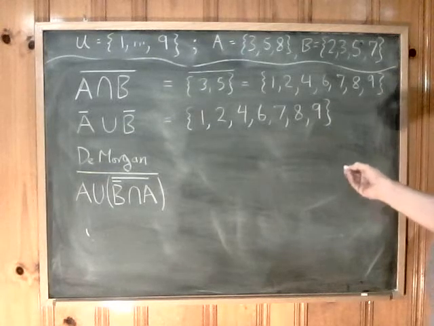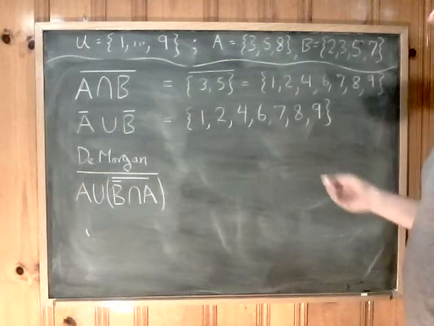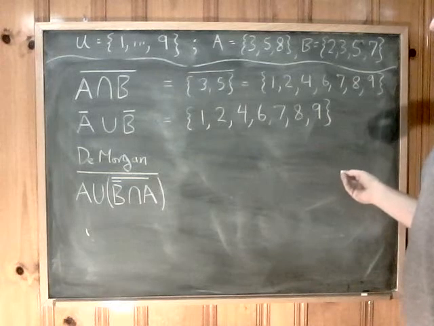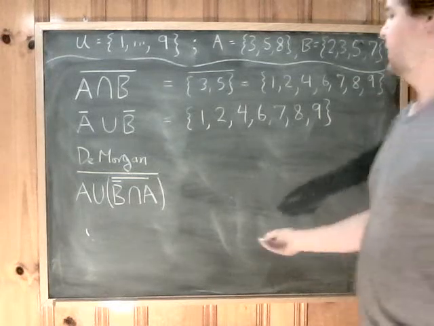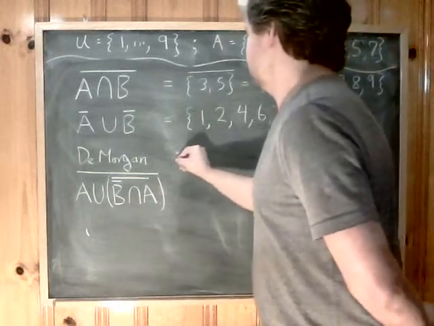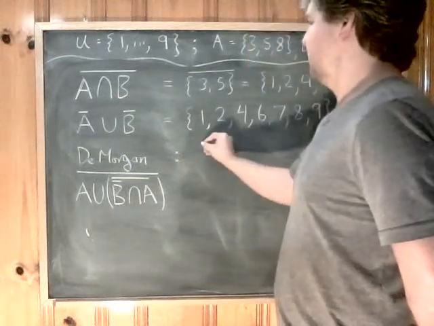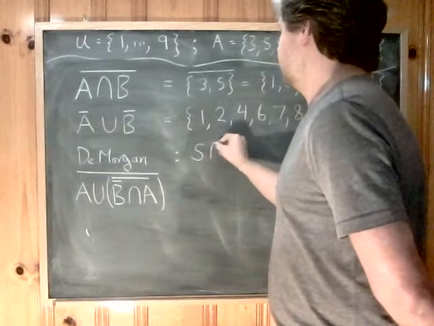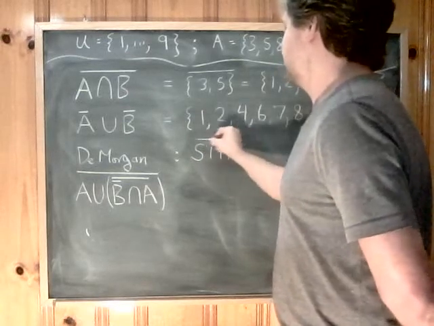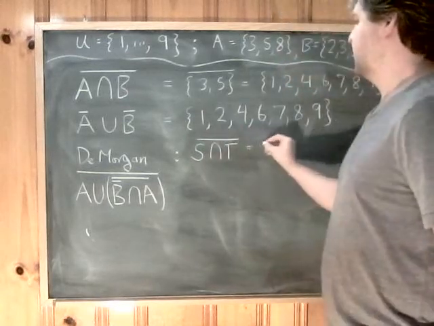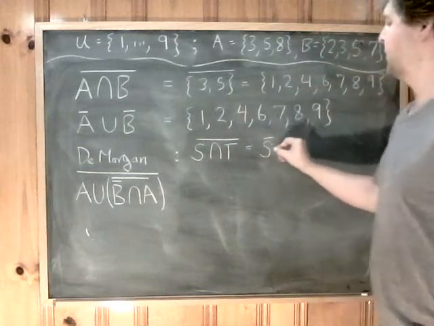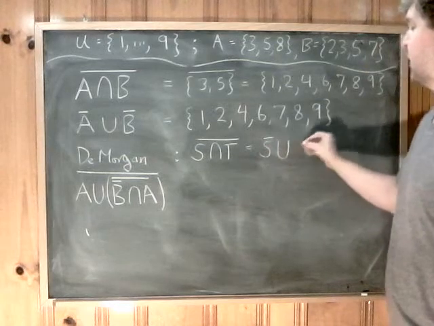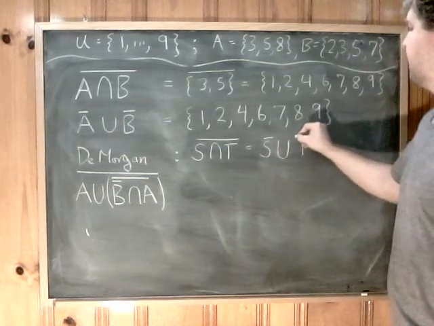And that is always going to be true. The name for this law is one of the two De Morgan's laws. I'll go ahead and write them both. The first one is that, as we just saw in this example, you can take the complement separately and change the intersection, sorry, into a union.